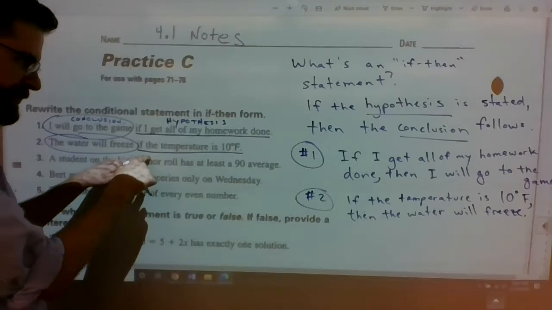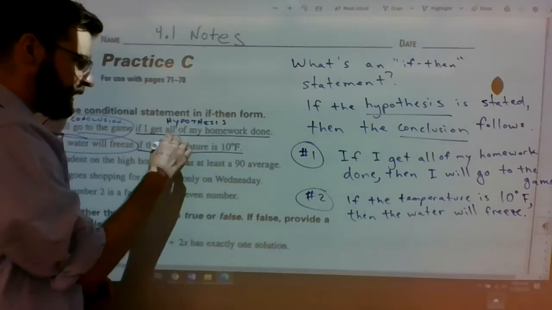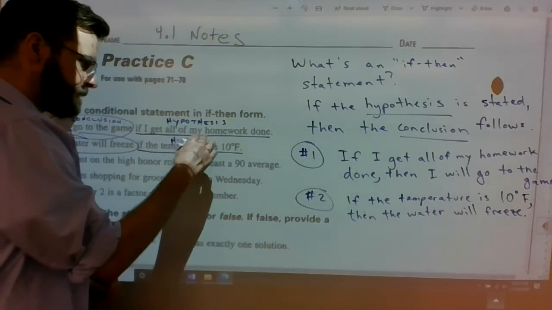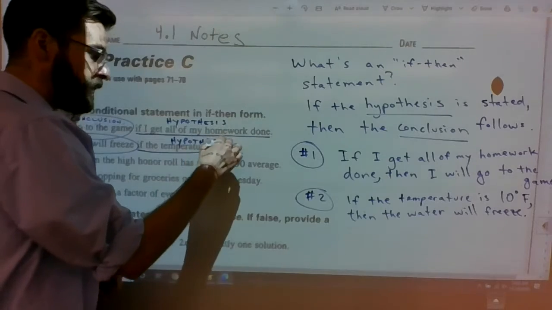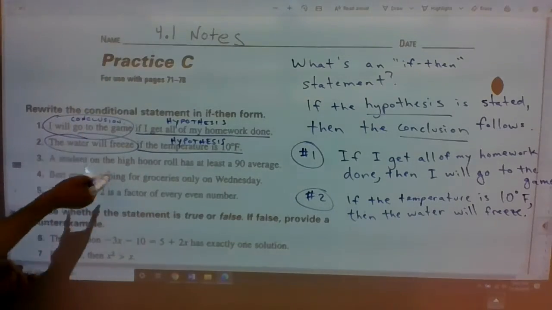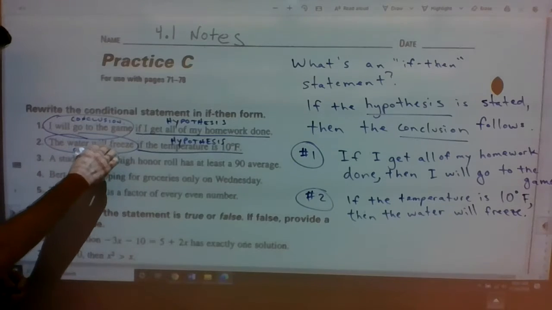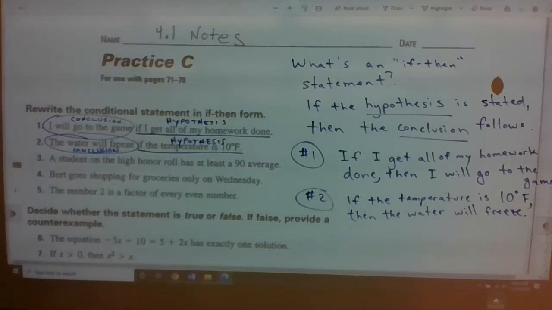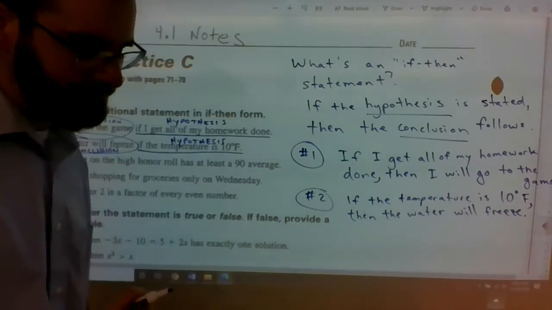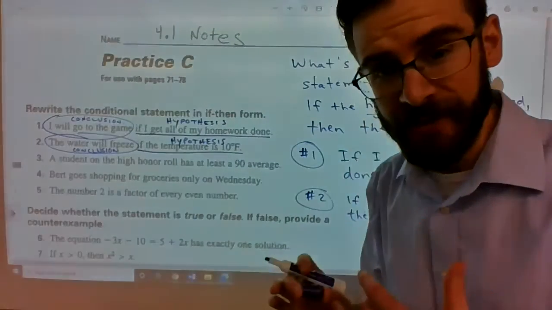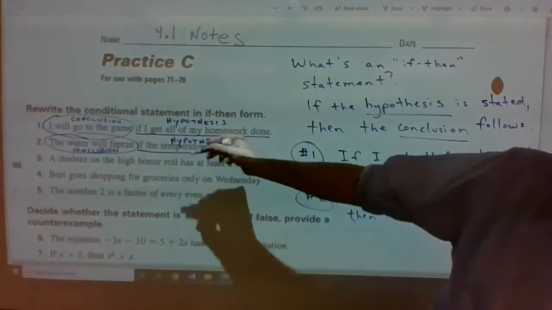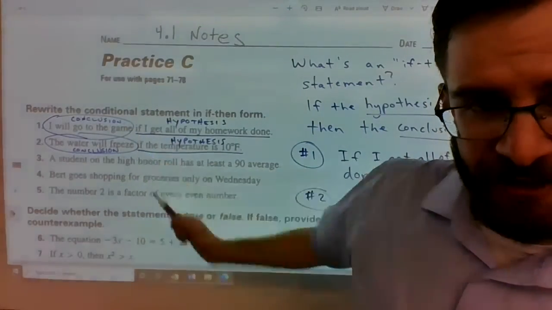Our hypothesis was the temperature is 10 degrees Fahrenheit. The conclusion, the water will freeze. So those two were, I'm not going to say they were obvious, but they certainly gave us a boost when they said if here and if there.